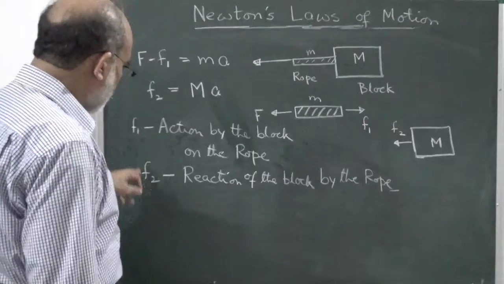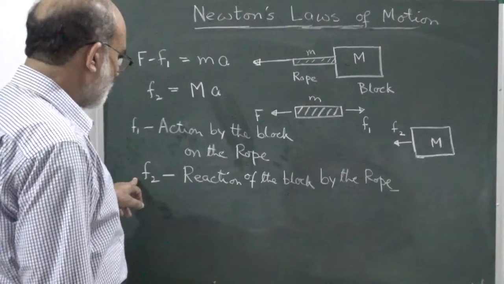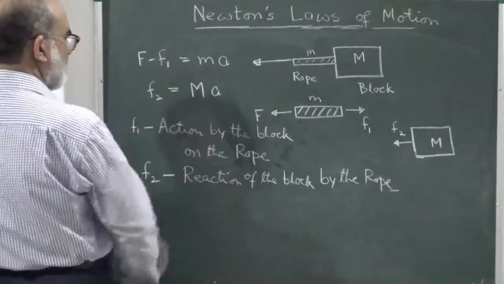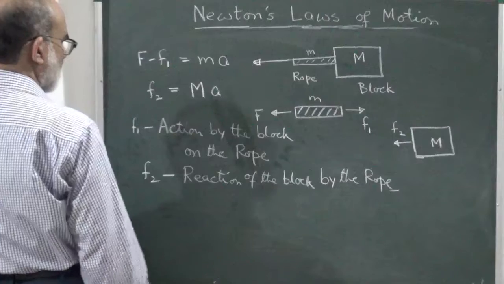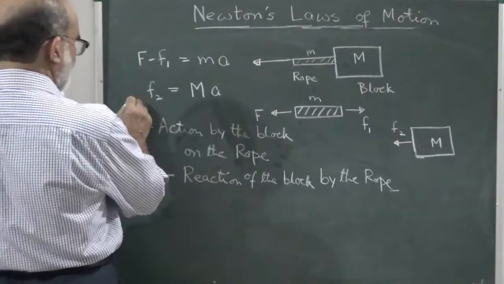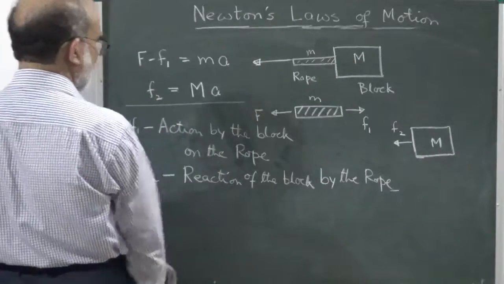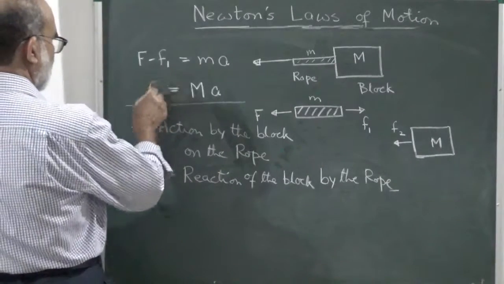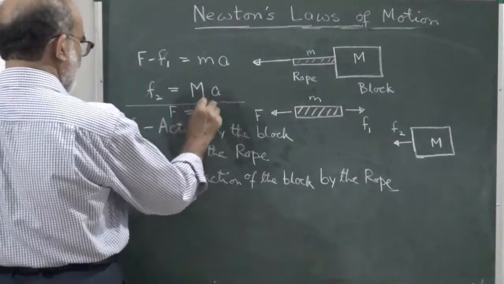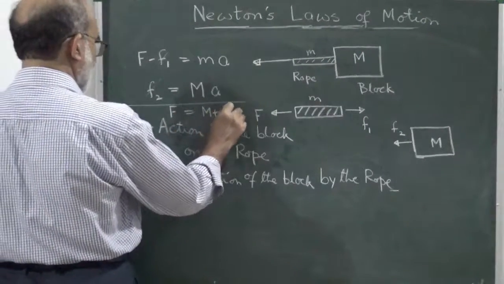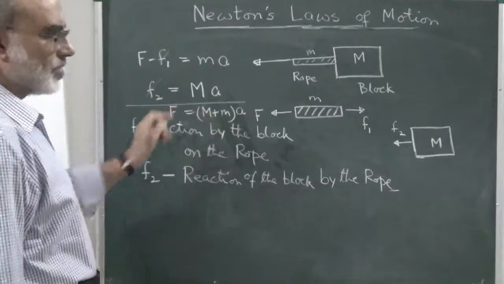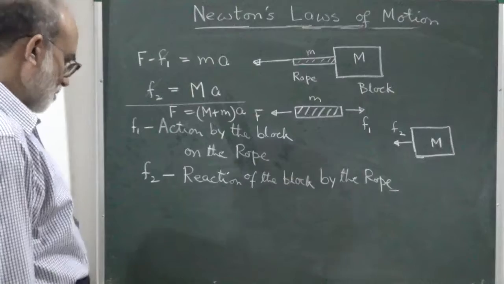Now since F1 and F2 must be the same according to the third law, hence we can solve this problem. Simply add these two equations, the forces cancel out, and this will come out to be F is equal to (m plus M) times a, and the acceleration can be calculated from this.